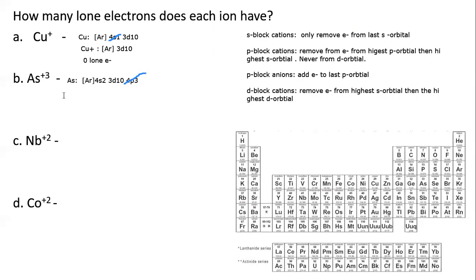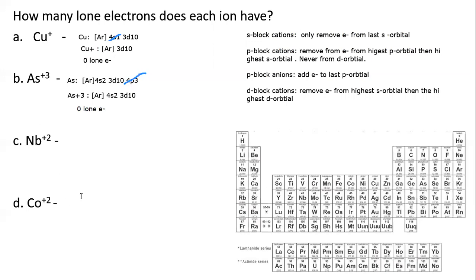So when we write the electron configuration of arsenic 3 plus, we get this. Notice that these are both completely filled s and d orbitals, so this has 0 lone electrons.